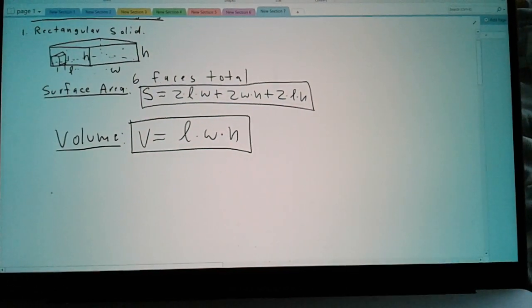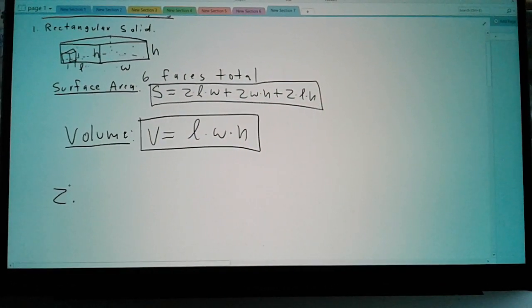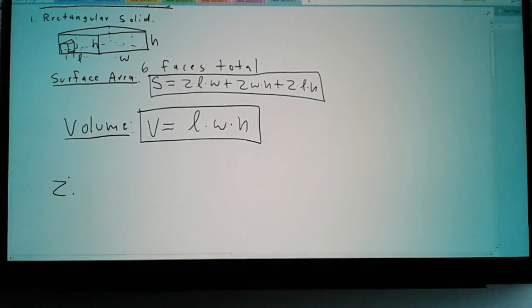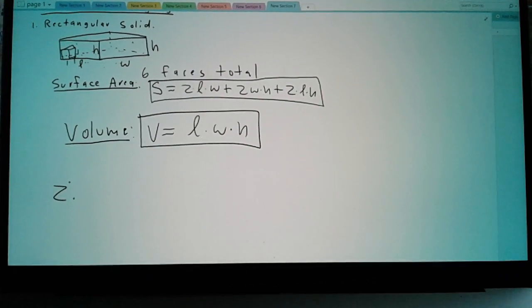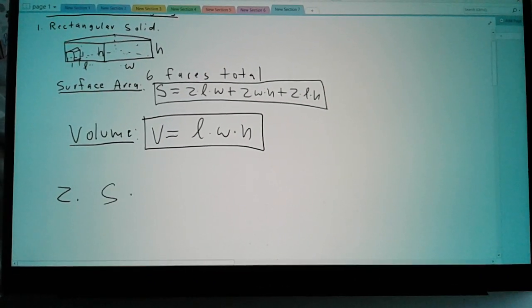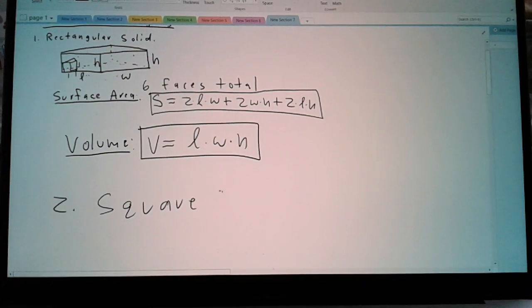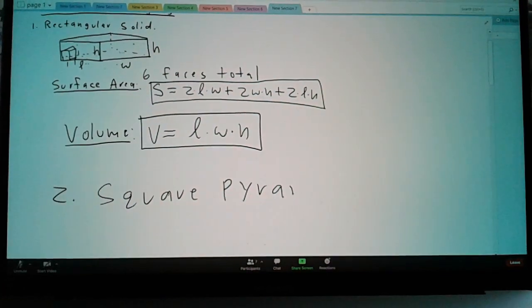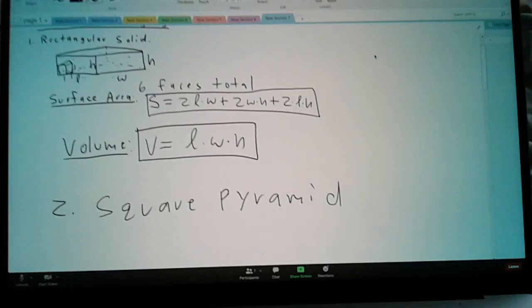Of course, we have a few other shapes that we should talk about. Let's talk about a square pyramid. That's a little bit more complicated.